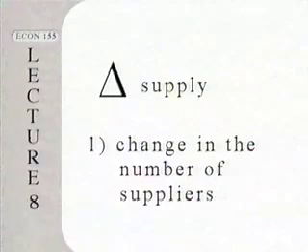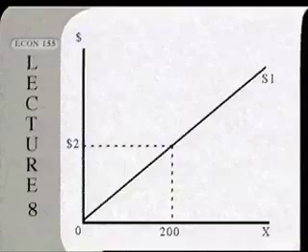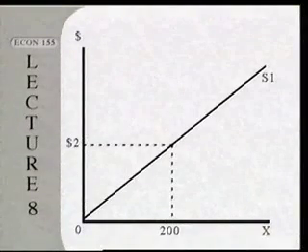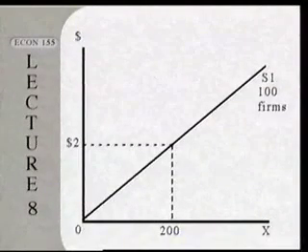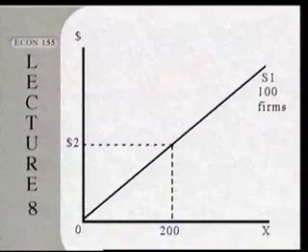An easy one is a change in the number of suppliers. That's about the easiest one, isn't it? Let's say we have 100 firms in a business, supplying this product.